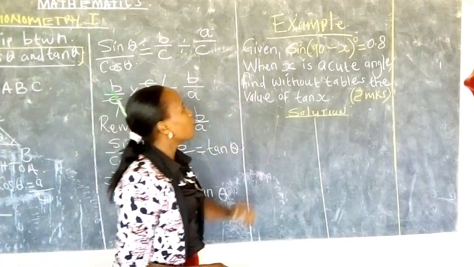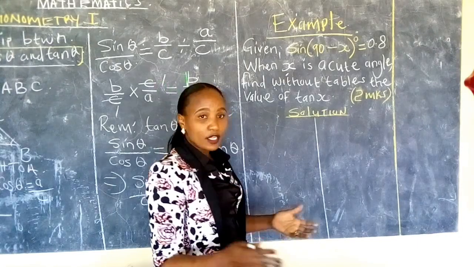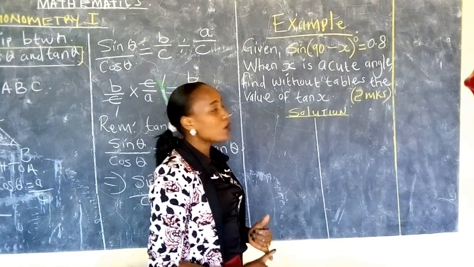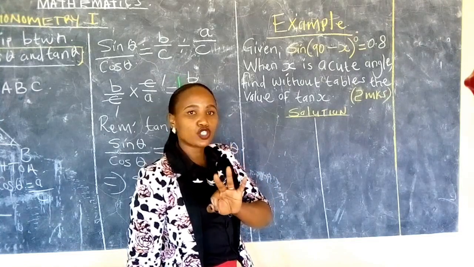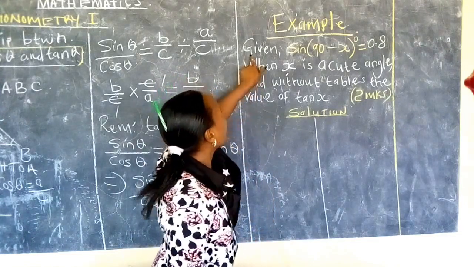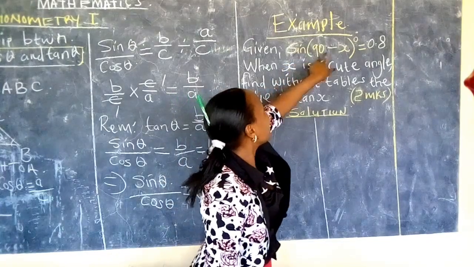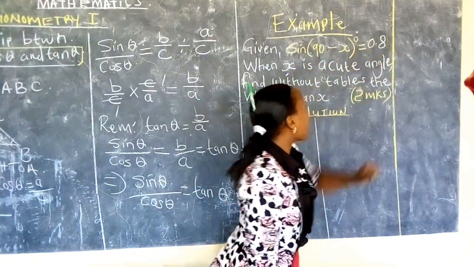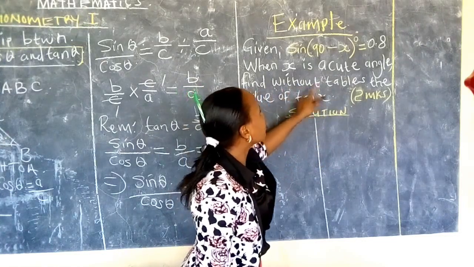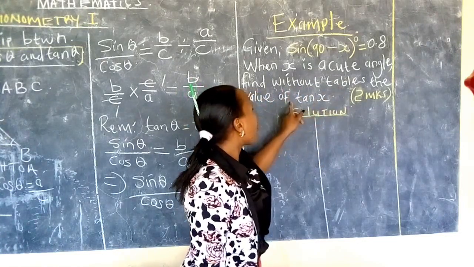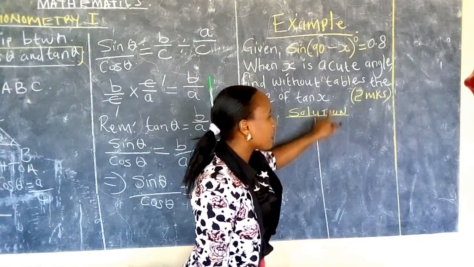Okay, let's try to interpret the question. I usually invite the student, anytime you tackle a mathematical question, ensure you read three times for better comprehension. So, given sine of 90 minus x degrees is equal to 0.8, when x is an acute angle, find without tables the value of tan x, 2 marks.